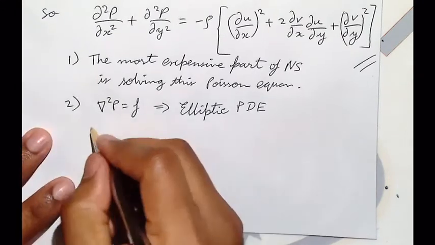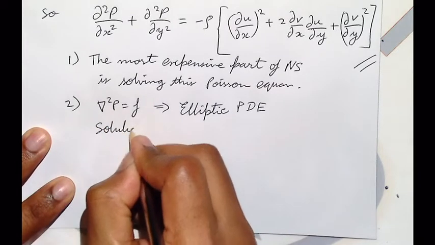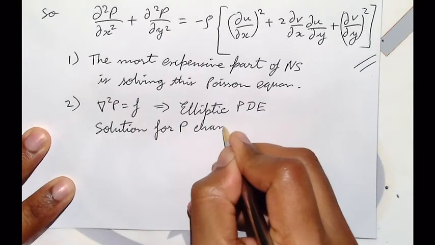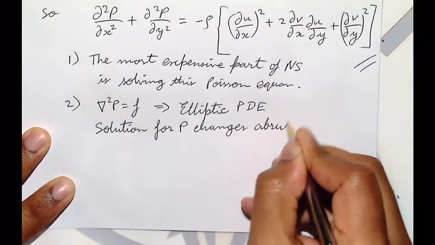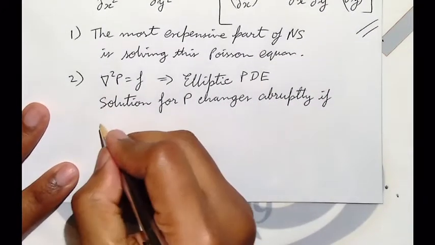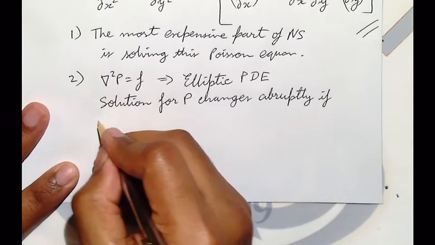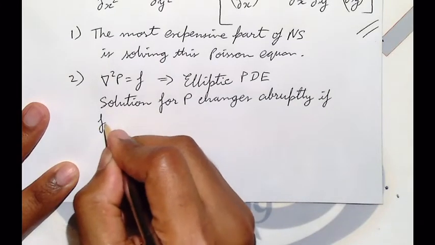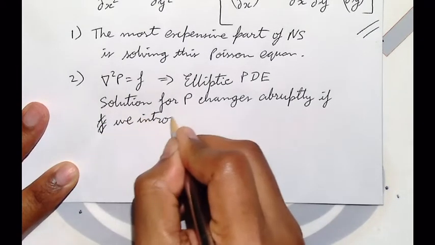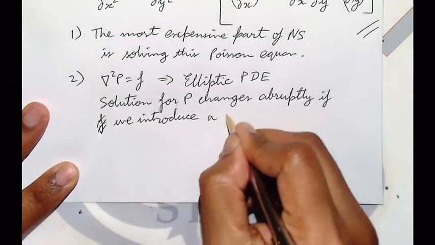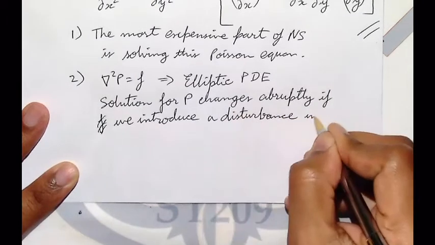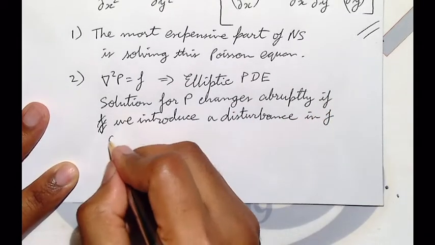Okay? So the solution for P changes abruptly if we introduce a disturbance in F at any point.